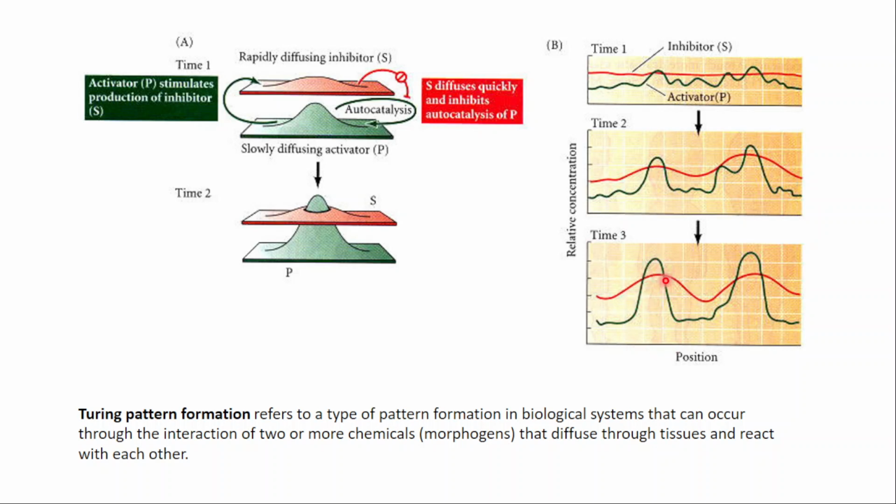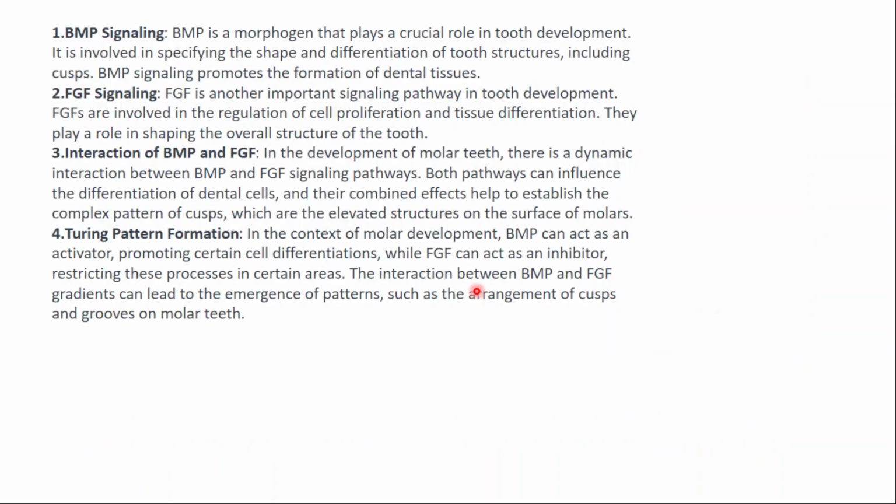That's why we get these elevations in the molar surface. The interaction between BMP and FGF gradient can lead to emergence of patterns such as arrangement of cusps and grooves on the molar teeth. So this is how BMP fits as an activator and FGF as an inhibitor in the Turing pattern generation model.